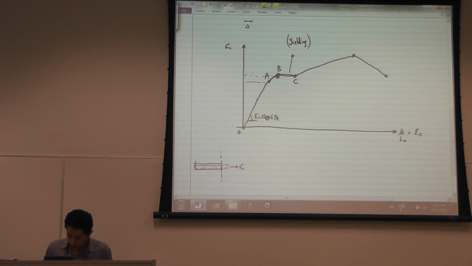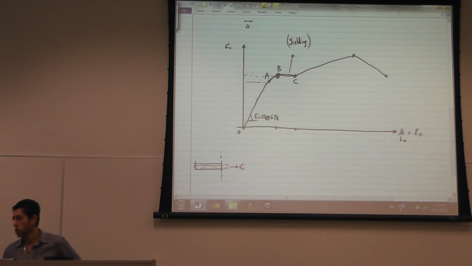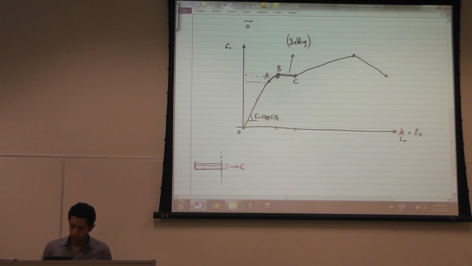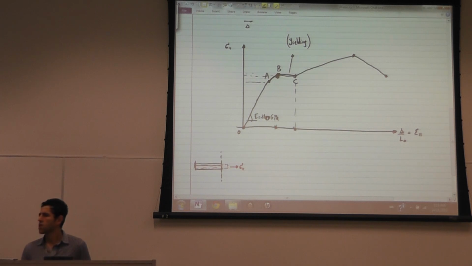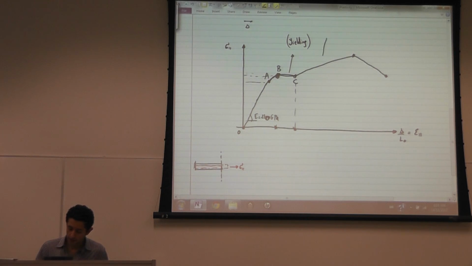And so you have an increase in the strain without any increase in the strength. And after a particular amount, the material starts all of a sudden to get back its strength. So it starts back resisting the force that you're applying, and that's why we say it starts now to harden. It's becoming a little bit stronger than in the yielding phase.